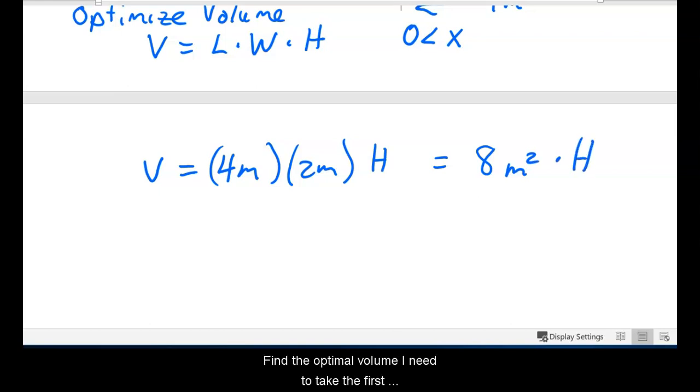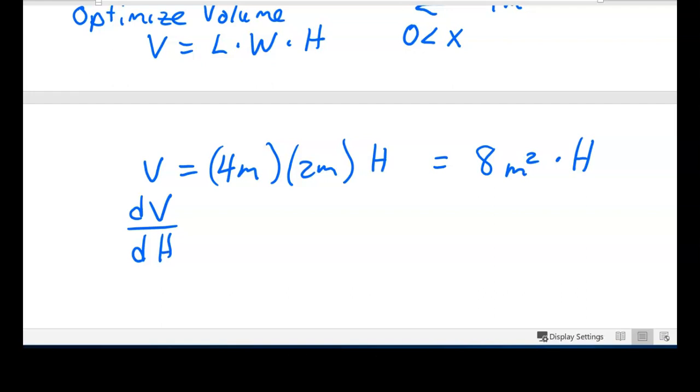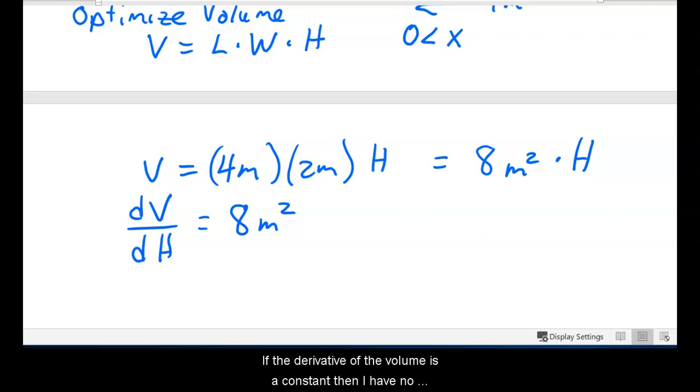To find the optimal volume, I need to take the first derivative of the volume with respect to the height. When I take the derivative, I simply end up with 8 meters squared. This is a problem. If the derivative of the volume is a constant, then I have no critical values. This seems to indicate that our interpretation of the problem was incorrect. Since I have no variable h left, I have no way to find the optimal volume.